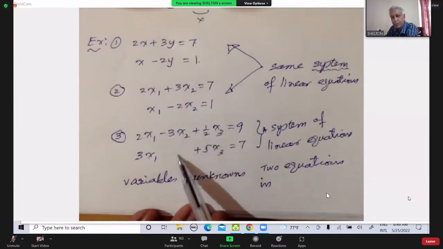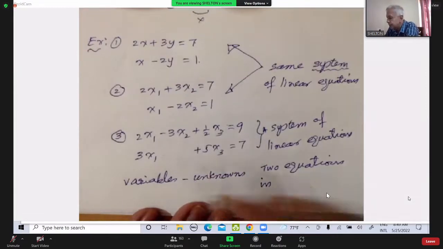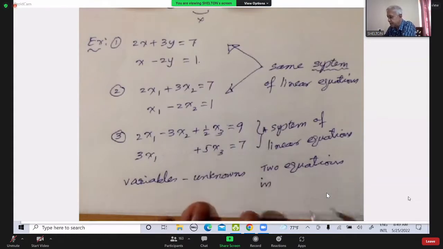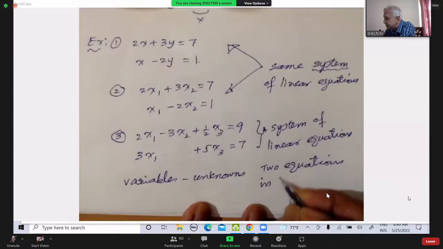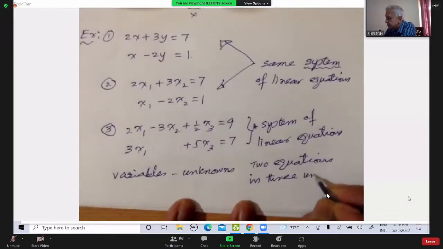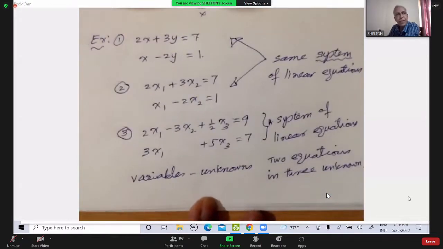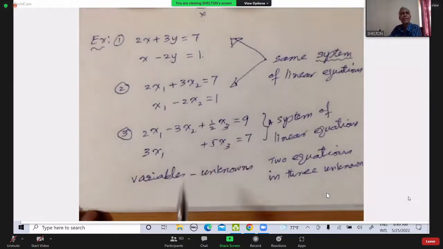Here also you can say x2 is there. So this uses 3, 2 equations in 3 unknowns. So there is no requirement that there should be equations matching the number of variables. There is a special name for those, but this is a system of linear equations.